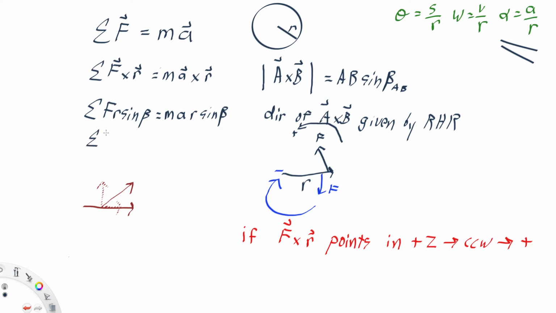So now we have the sum of forces perpendicular to the radius equals ma, acceleration perpendicular to the radius. In other words, acceleration that is along the edge of the circle. And now we're going to replace linear acceleration with alpha times r.